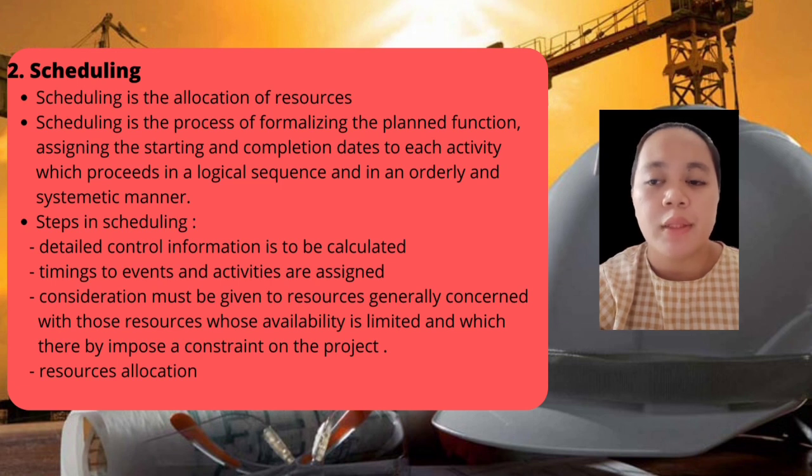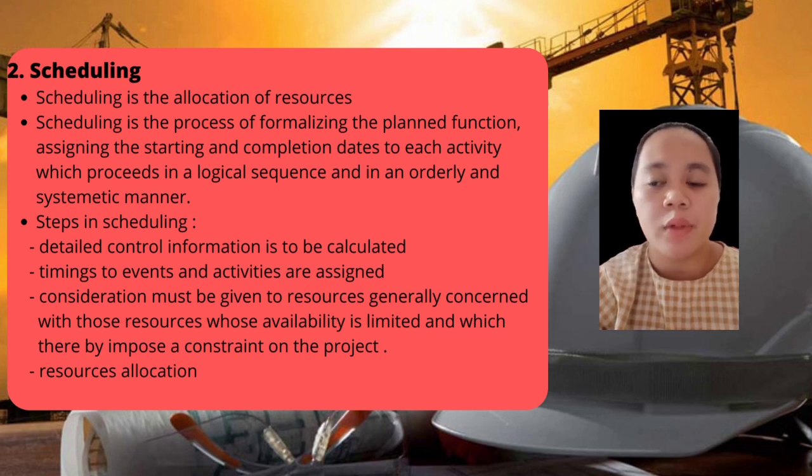Second is scheduling. Scheduling is the allocation of resources. Scheduling is the process of formalizing the plan function, assigning the starting and completion dates to each activity, which proceed in a logical sequence and in an orderly and systematic manner.